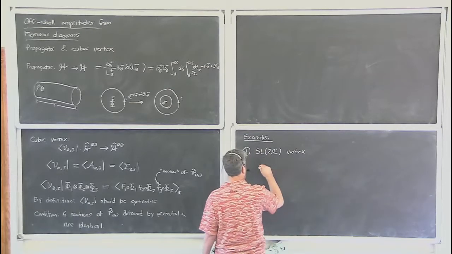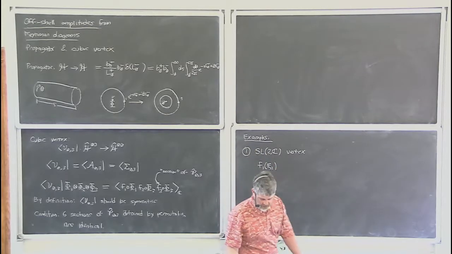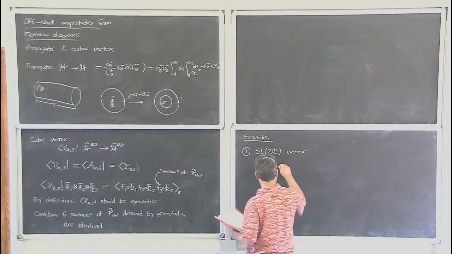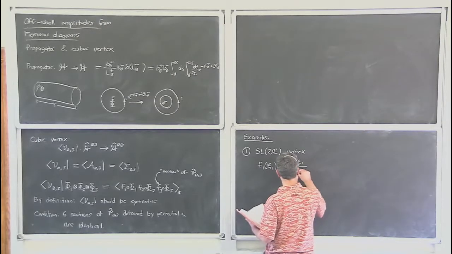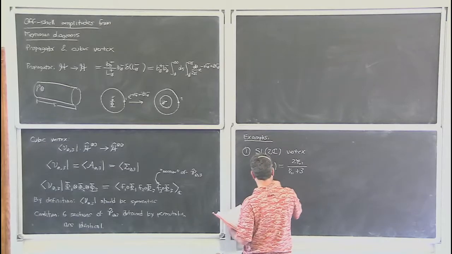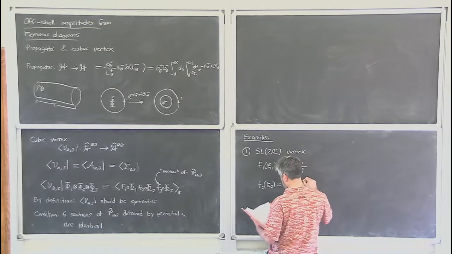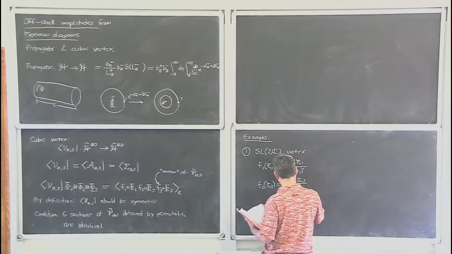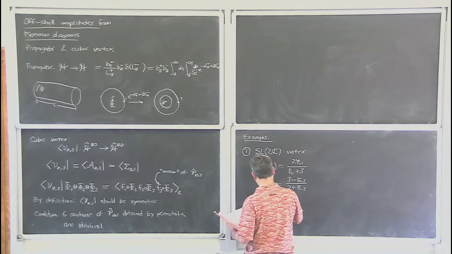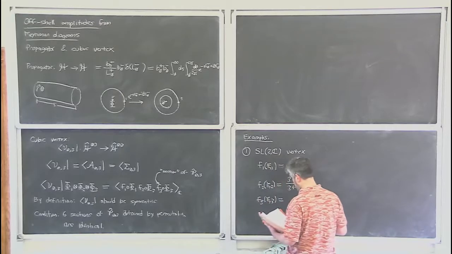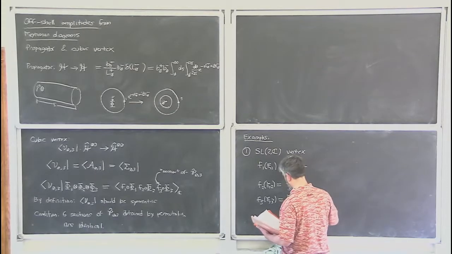Okay, so this is defined by formal maps F1(Xi1) = Xi1 over Xi1 plus 3, F2(Xi2) = 3 minus Xi2 over 3 plus Xi2, and F3(Xi3) = Xi3 plus 3 over 2 Xi3.